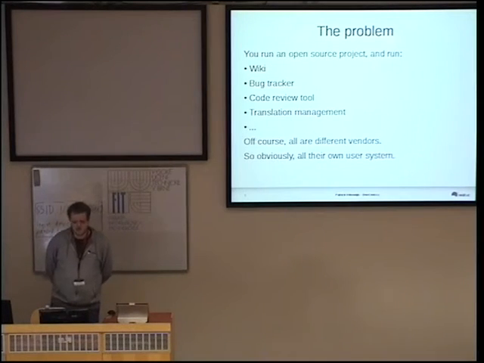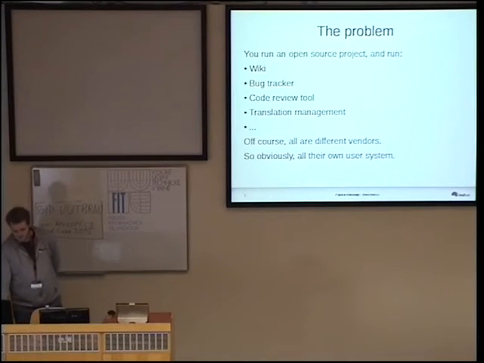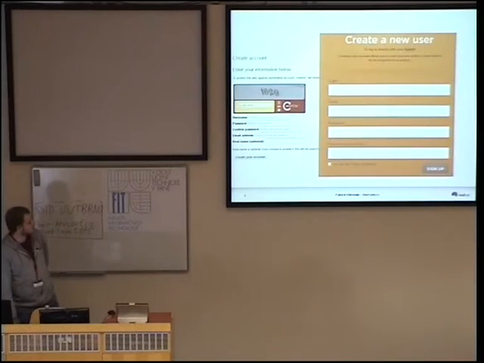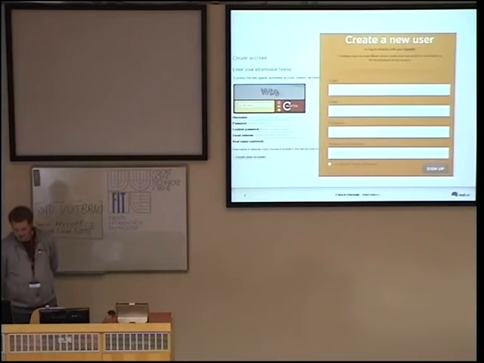So every user that wants to contribute to your project would need to register again for every service they use. For example, I don't know if any of you saw this. Both of these registration screens are for the same project, and it becomes even more fun.